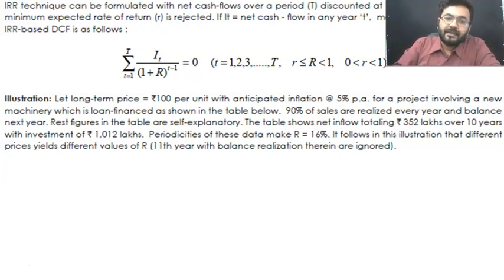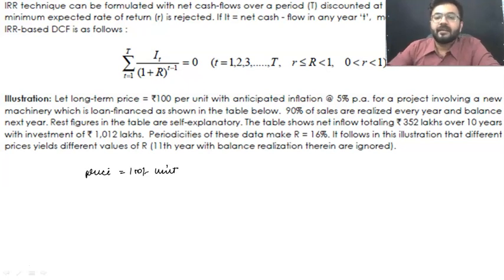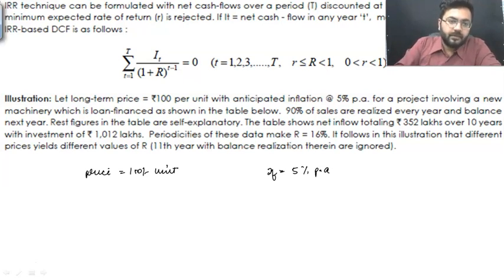The long-term price is particularly 100 per unit. Then we have the anticipated inflation rate, which is 5% per annum. For a project, we are going to have new machinery which is going to be loan financed.